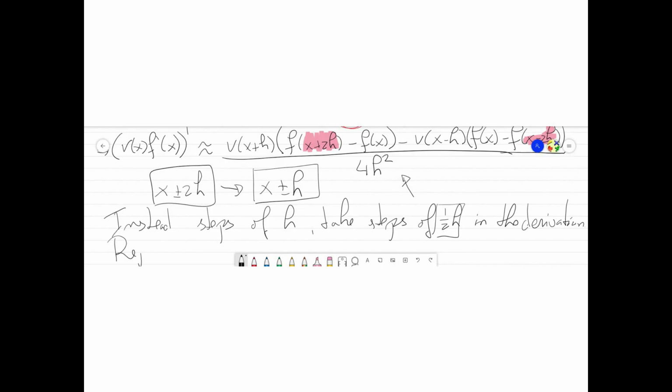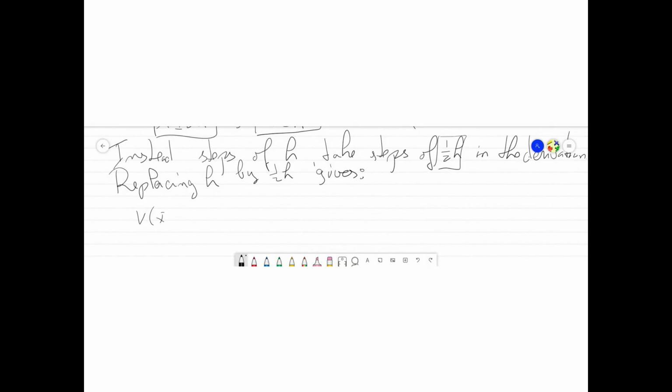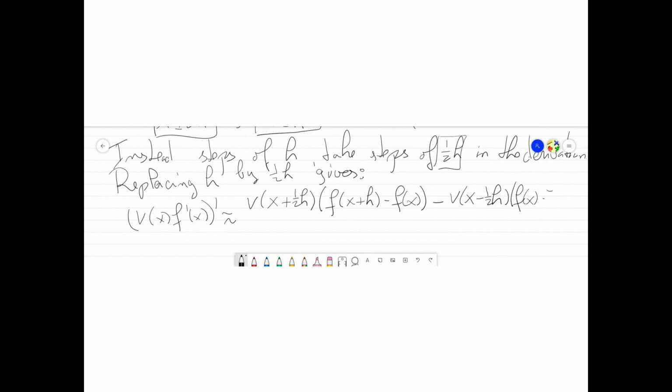So replacing h by a half h gives, I'm going to write the result down, v at x times f prime of x with another derivative is approximately v at x plus a half h times f at x plus h minus f of x, minus v at x minus a half h times f at x minus f at x minus h, divided by h squared.